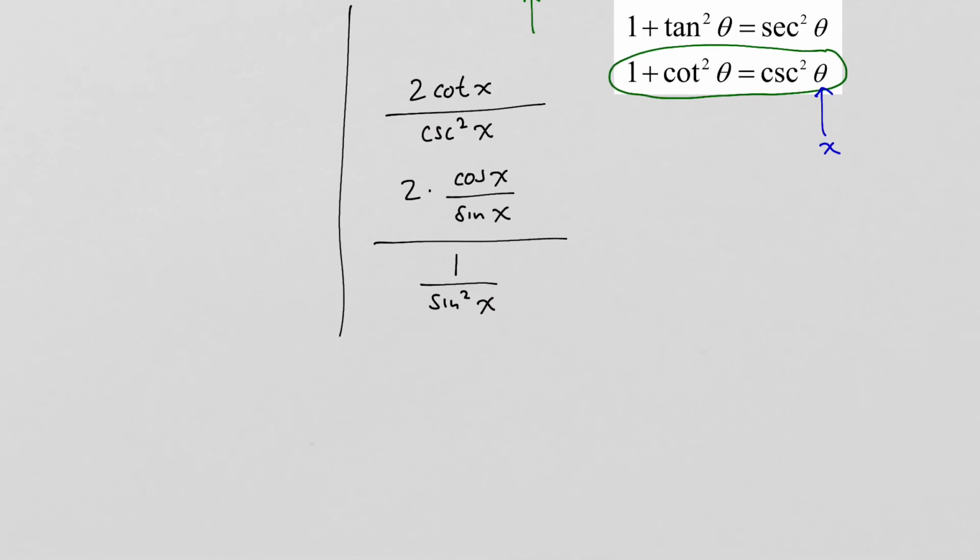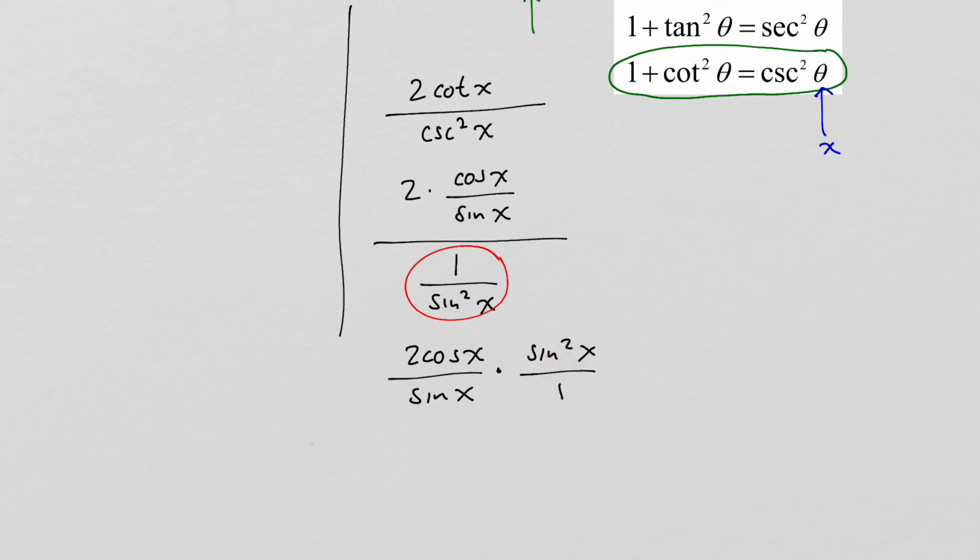But then we know that when we have a fraction divided by a fraction, this is going to be the top fraction multiplied by the reciprocal of the bottom fraction. So I'm taking this fraction here, reciprocating it, and then multiplying by that reciprocal.